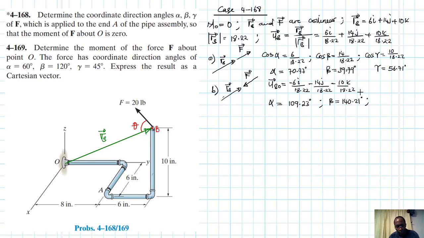We have gamma equal to 123, which is just the difference from 180. Okay, so these are the two cases that will give us a zero moment, case A or case B, and we found the angles.